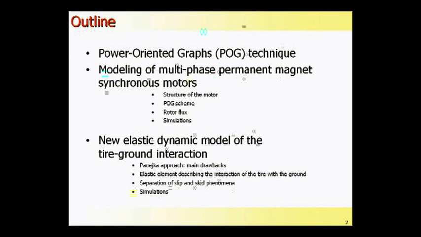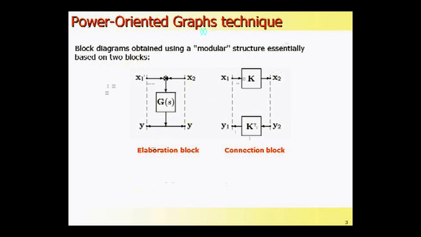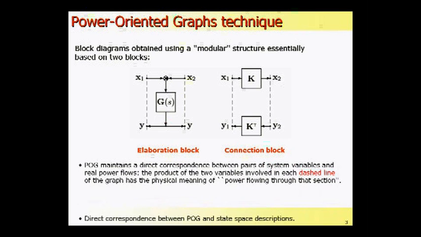And some main points. So just a few words on the power-oriented graphs technique. This is a technique based on a block diagram, and it uses a modular structure. It is based on two main blocks, that is the elaboration block and the connection block. This technique maintains a direct correspondence between pairs of system variables and real power flows.